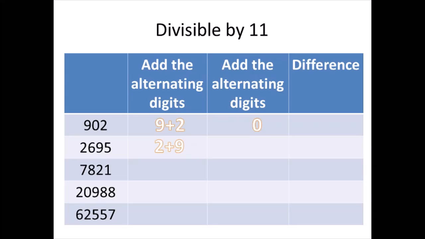For the next item, 2,695: 2 plus 9, the other pair is 6 plus 5. Next is 7 plus 2, then 8 plus 1. Next is 2 plus 9 plus 8, and the other alternating digits are 0 and 8. So adding these digits, what is the difference?